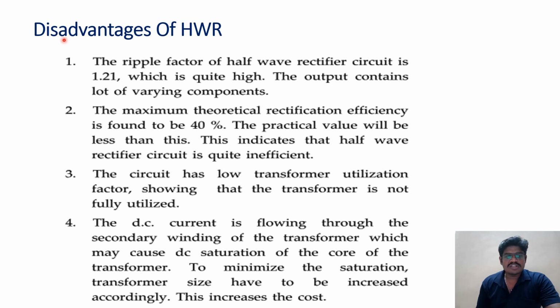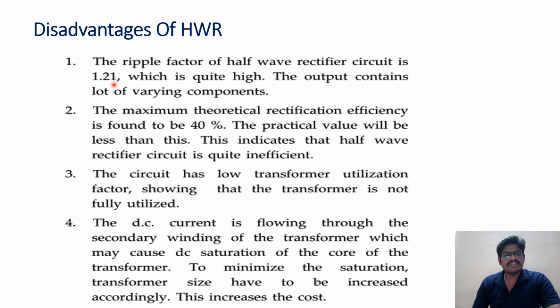Now let us discuss the disadvantages of the rectifier. The first point: the ripple factor of the half-wave rectifier is 1.21. That means 121 percent ripple is found in the output. What do we mean by ripple? The transformer is used for step down purposes, because we provide an AC supply to the rectifier input.